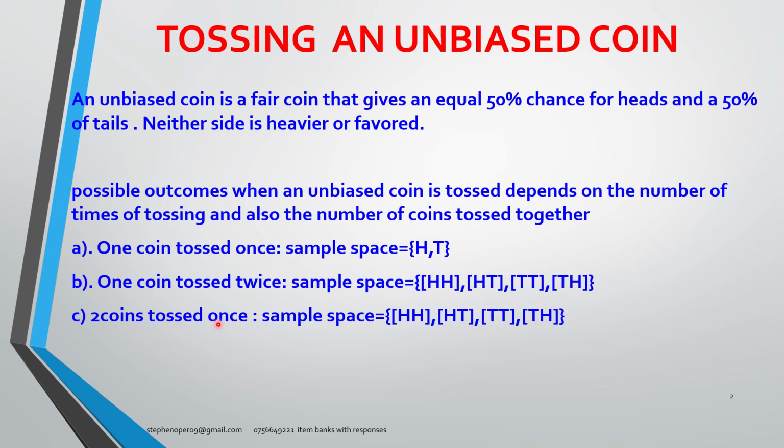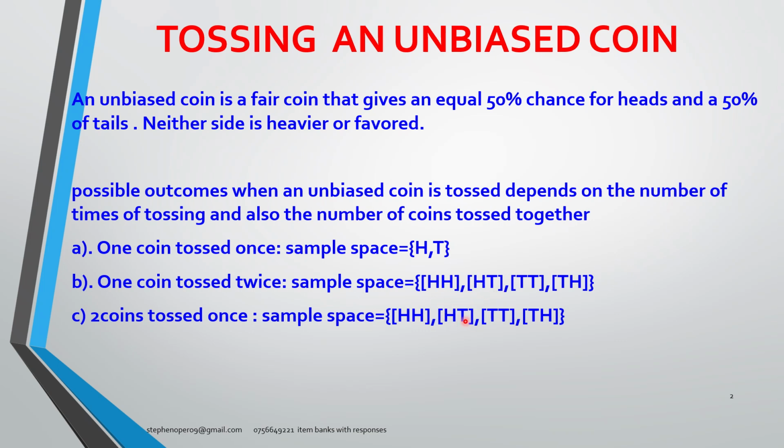Two coins tossed once. What happens when two coins are tossed once? You realize that the sample space will basically be like the one of one coin tossed twice, because the first coin can show a head, and the second one also a head on the first tossing. There is also a possibility of the first coin showing a head, then the second one a tail.